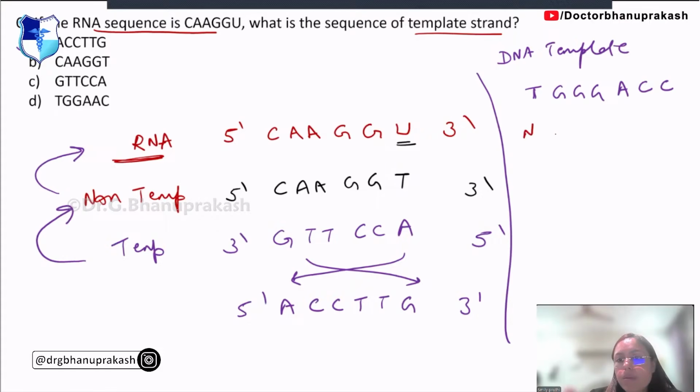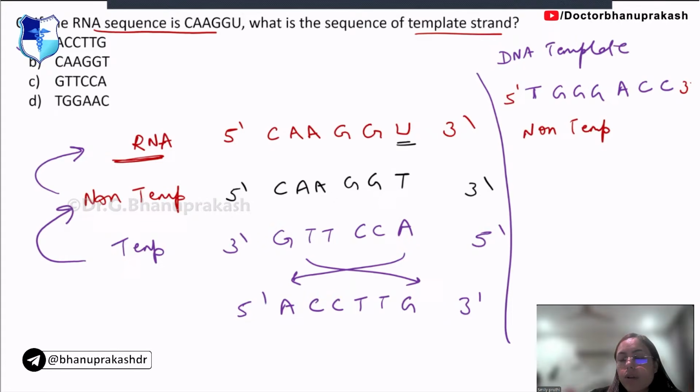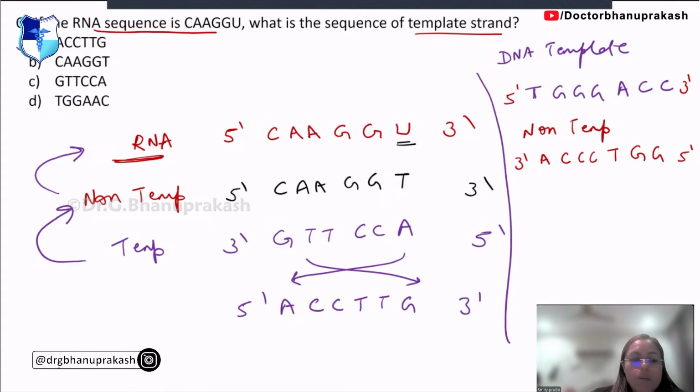This is the DNA template strand. I am making the non-template strand first. So this is 5 dash, this is 3 dash. Non-template will be complementary. Left is 3 dash. So in front of T, there is A, C, C, C, T, G, G. Now I will be making RNA.